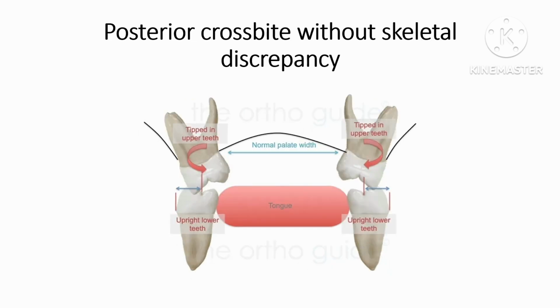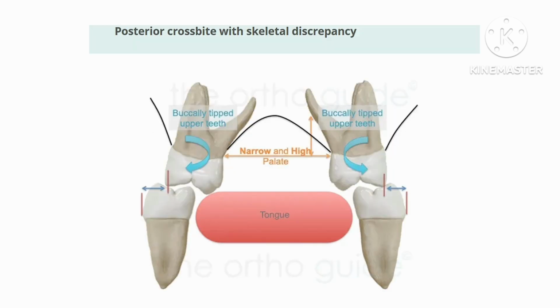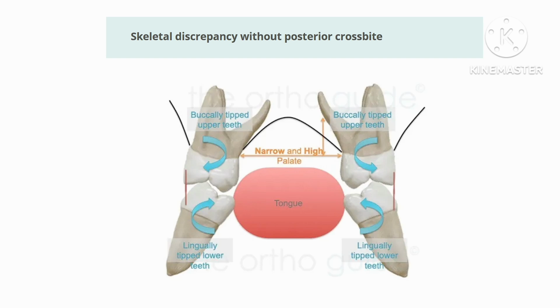Arch symmetry should normally be U-shaped and balanced, with asymmetry pointing to a possible unilateral skeletal or dental problem. The curve of Wilson should show slight buccal inclination of upper molars. Loss of this curve or excessive tipping suggests a dental component.